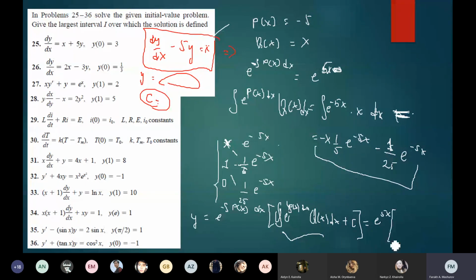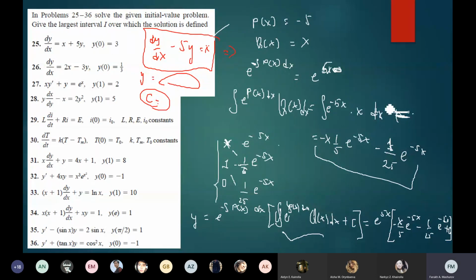So I wrote here minus x over 5 e to the power minus 5x minus 1 over 25 e to the power minus 5x plus c. Is it clear for you? I just put instead of this one this function, and instead of this one this function.